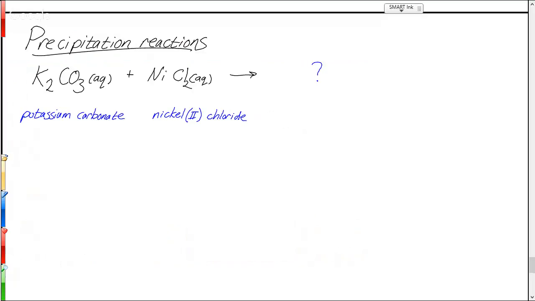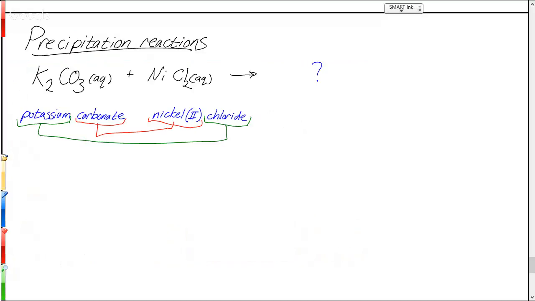So then our products are going to be trading places with cations and anions. So the nickel 2 is going to go with the carbonate. And the potassium is going to go with the chloride. So now we can write the products.